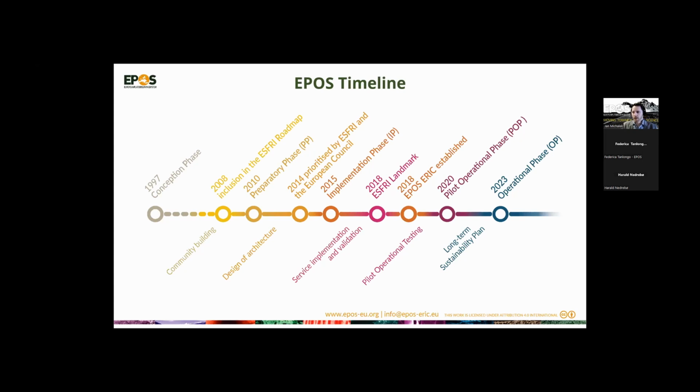Since then, we've been trying to convince scientists to use it, training them and explaining how EPOS works, how the portal works, how the data flow works, and how to get the data into the system, also from new communities and new countries.